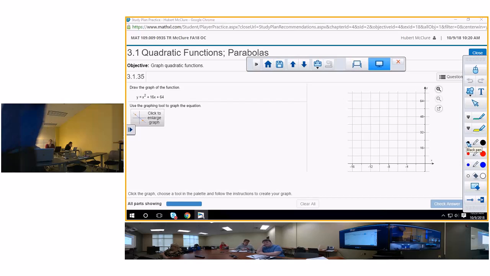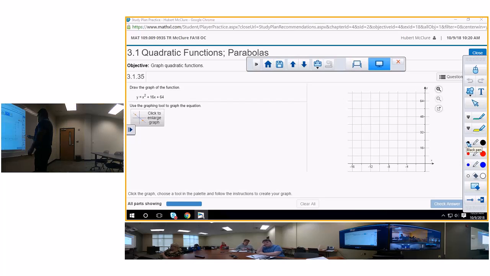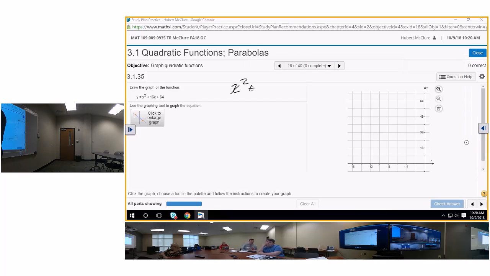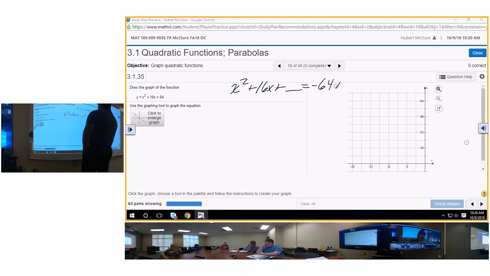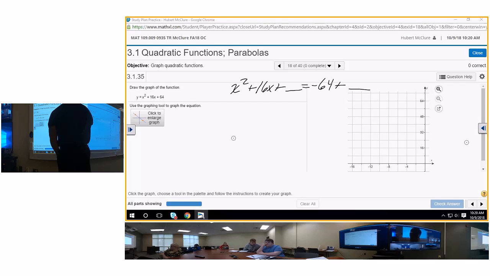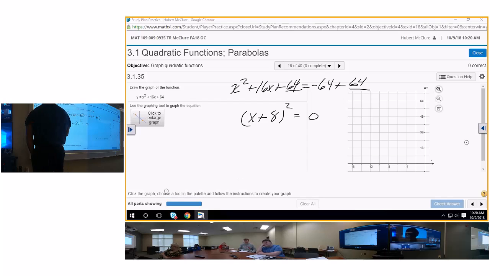x squared plus 16x plus 64. So that's going to be x squared plus 16x plus blank is equal to negative 64 plus blank. Half of 16 is what? 8. 8 squared is 64. So that's going to give you x plus 8 quantity squared is equal to 0. So therefore your vertex is negative 8, 0.